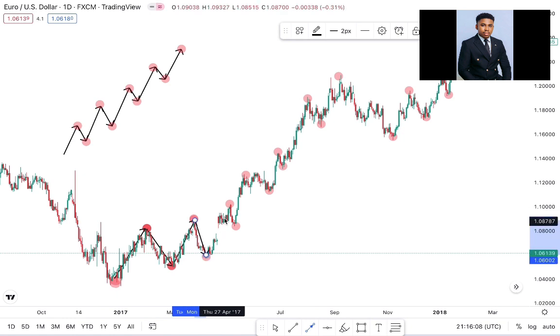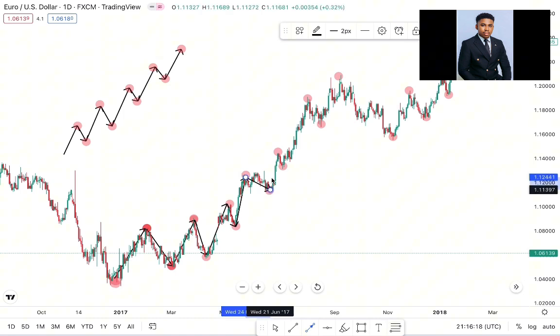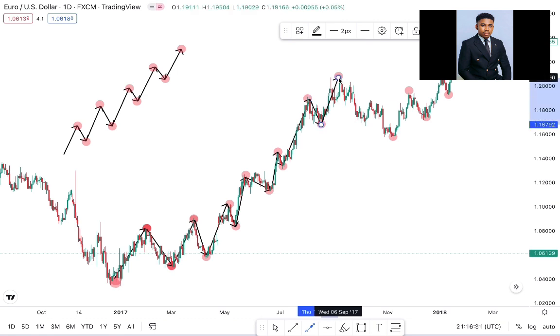The market just kept going: higher high, higher low, another higher high, another higher low, and it keeps going. It doesn't stop until the market wants to change direction. Okay, so this is another higher low, and then the market finally makes the last high right here.